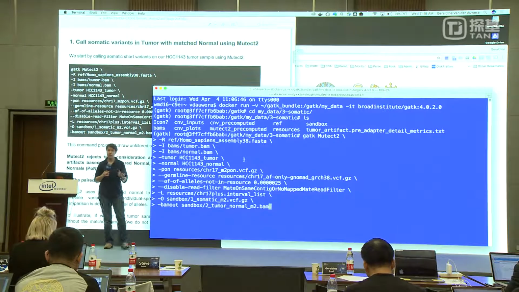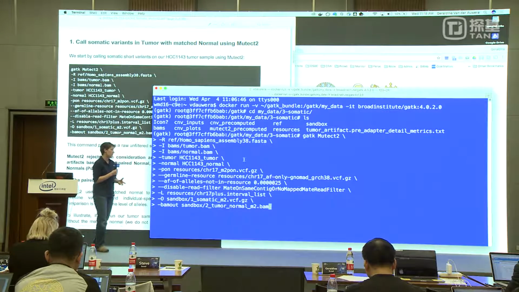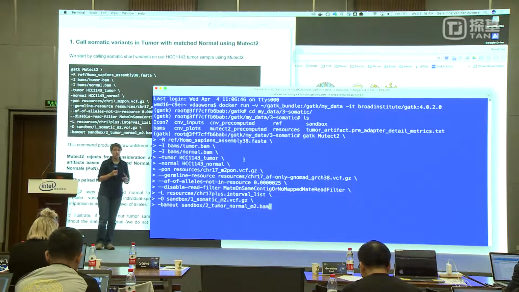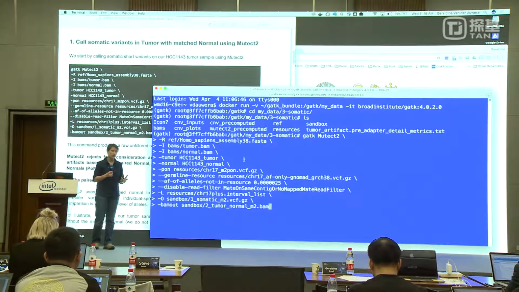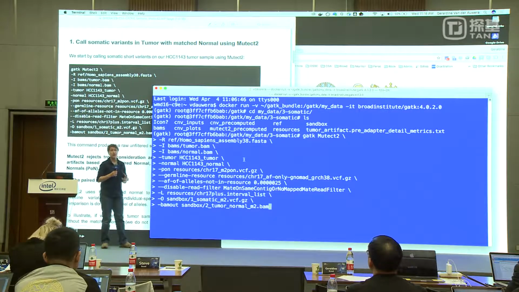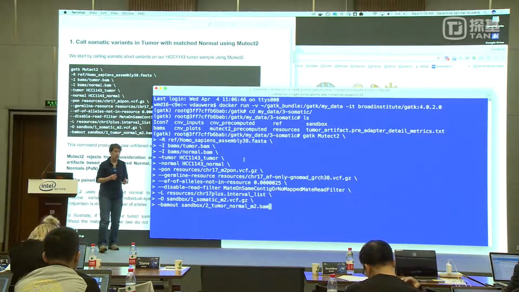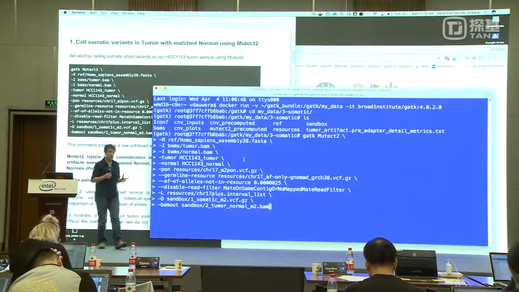You are familiar with the BAM out argument. You already used it yesterday in the HaplotypeCaller exercises. We used it to troubleshoot, to diagnose a weird variant call. And here we're going to use it for the same purpose. Now, making the BAM does take a little bit more computation and time. Some people argue quite a lot.